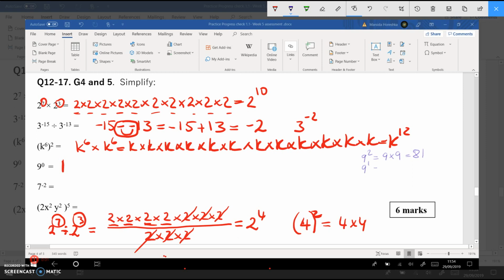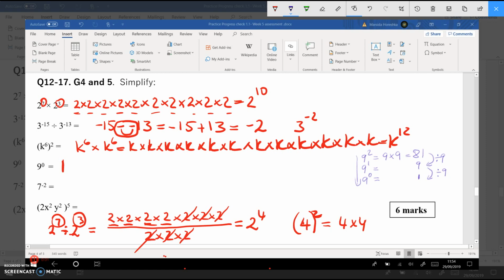When you have 9 to the power of 1, that's just the same as 9. When you have 9 to the power of 0, that is 1. So 81, we divide 81 by 9 to get 9. We divide 9 by 9 to get 1. So it's every time divided by 9. As the powers drop, the actual answers are divided by 9.